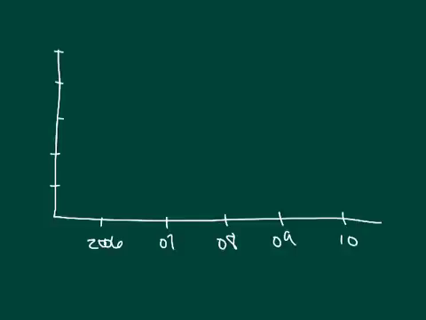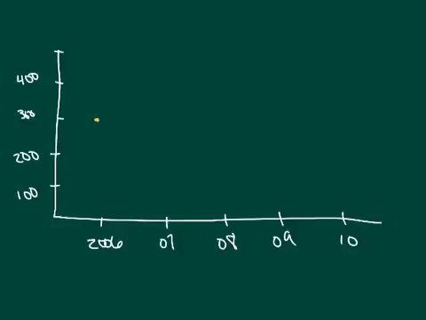And the numbers go from 125 to 300. So let's make this 100. 2, 3, and 4. Alright, so in the year 2006, 300 were sold. So we'll put a dot there.